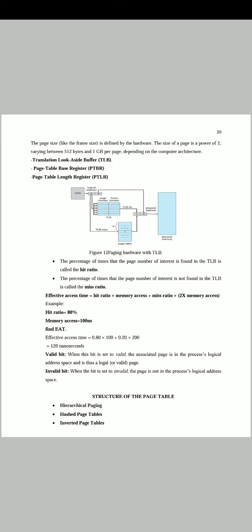Normally, power of 2 means the page size can be 2 raised to 9, that is 512. The page size can be 2 raised to 10, that is 1024. The page size can be 2 raised to 11, that is 2048 bytes. Up to 1 GB per page is possible depending on the computer architecture.